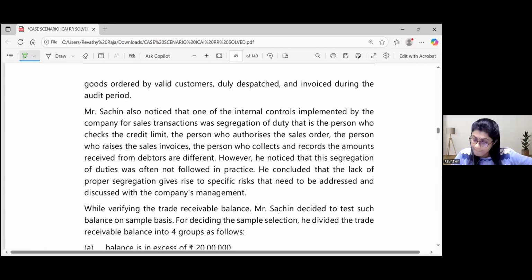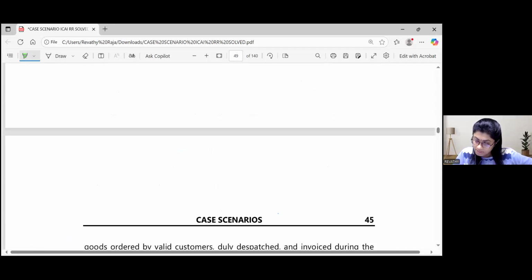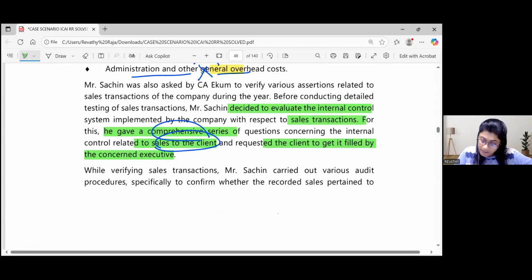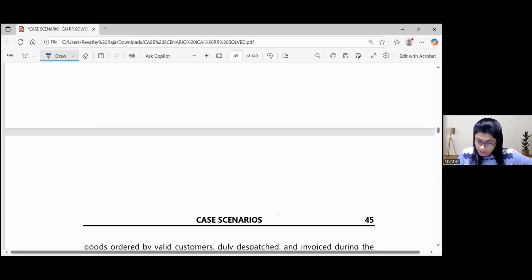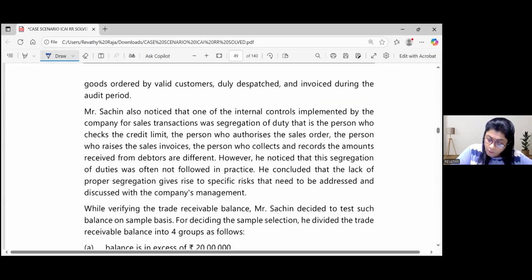Sales. I think it's this. Okay. While verifying the sales transaction, Mr. Sachin carried out various procedures, specifically to confirm whether sales recorded pertained to goods ordered by valid customers, goods dispatched, invoiced during the audit period.